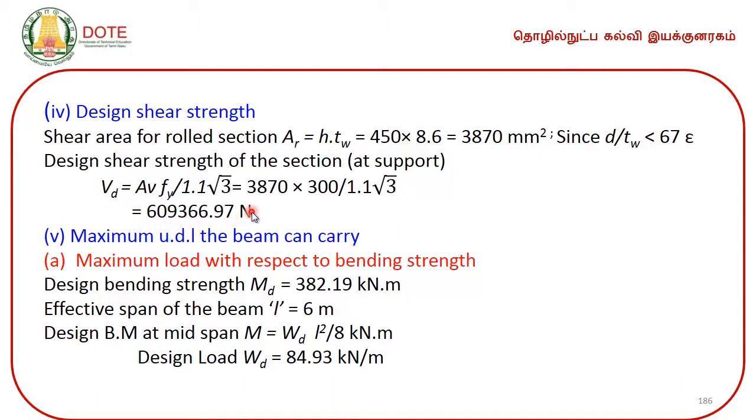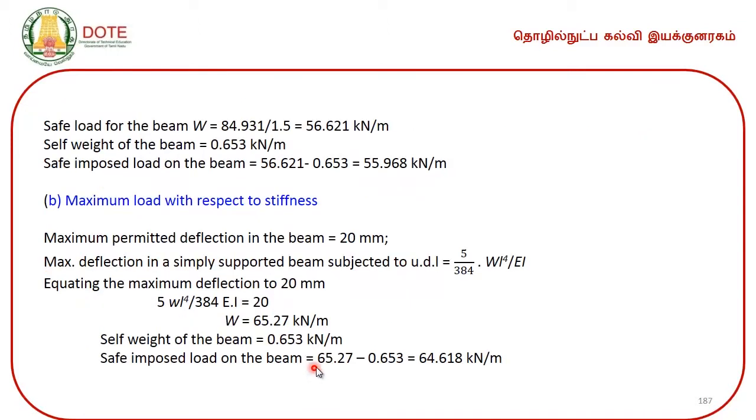kilonewton, and the maximum UDL the beam can carry, with respect to bending strength, is found as follows. Of course, the bending strength of the section is 382.19 kilonewton meter, and the expression to find the bending strength of the member is WL square by 8, and from this design load is found to be 84.93 kilonewton meter.